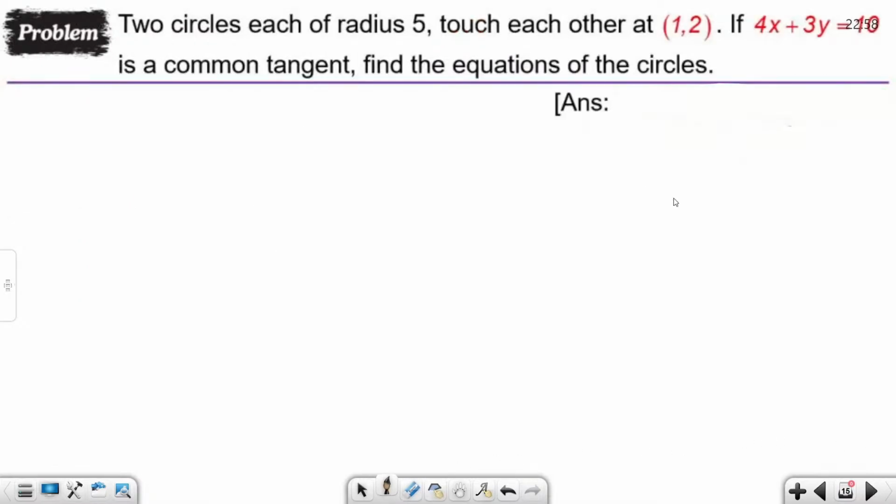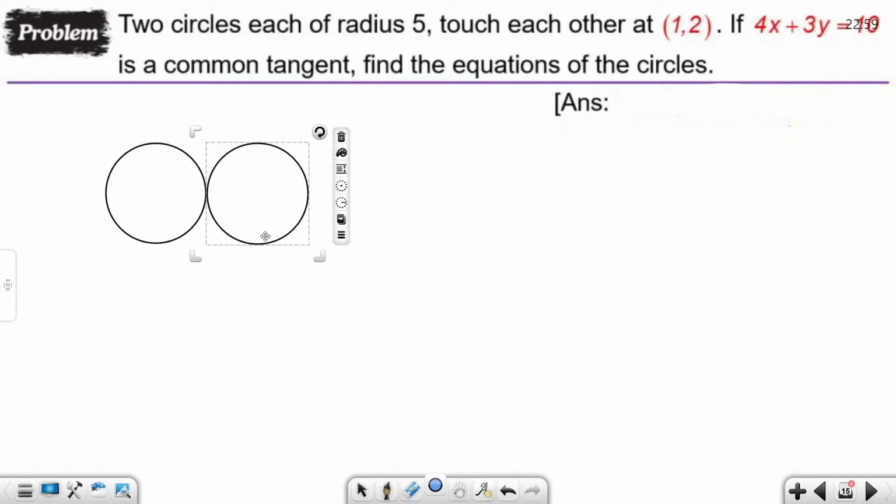In this question, they have said that there are two circles, each of radius 5 units. Let me draw two circles first. These are the two circles which have the same radius 5 units and touch each other at 1, 2.